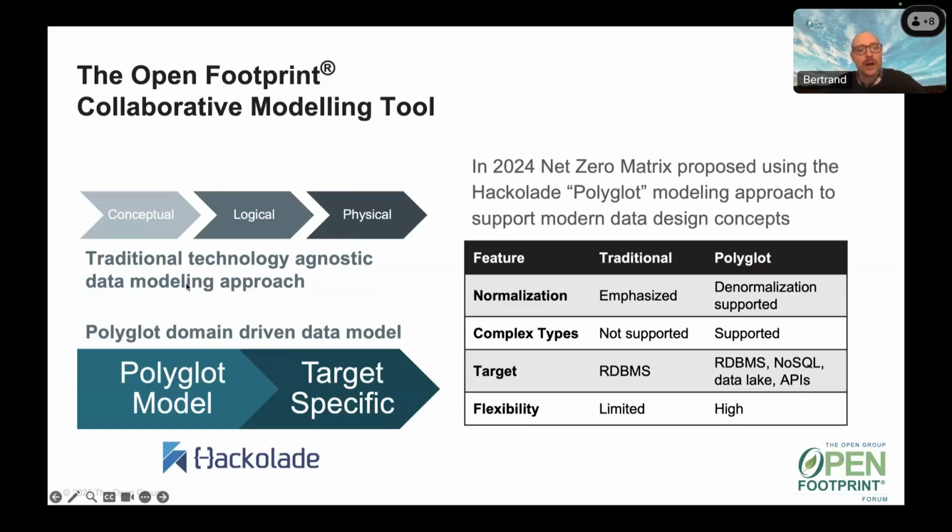So what polyglot proposes is a slight revision of this traditional approach, where you have a polyglot model that can then be mapped into a target-specific implementation that supports concepts like normalization, but also denormalization, which is common in complex data types in more modern data architectures or databases, and just has a greater degree of flexibility. It's very similar to the traditional approach, but brings in a new era of technical innovation in how data is managed.